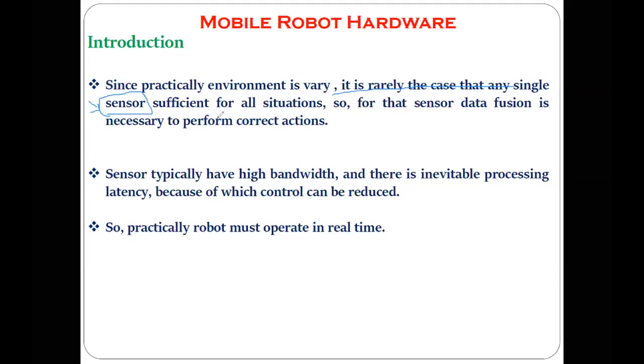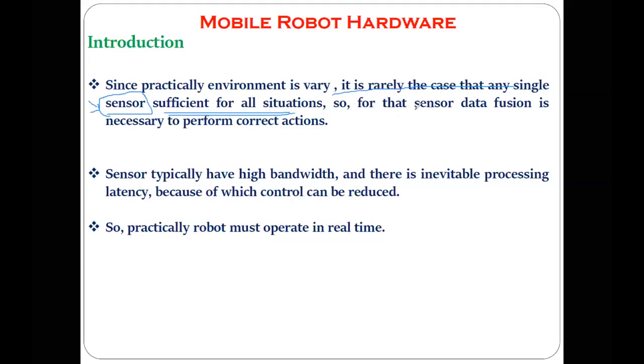But only one sensor for a certain activity is not considered sufficient. Using only one sensor, it might not be possible for the robot to sense all the things from the environment. So more than one sensor can be utilized for a single activity in the robot.